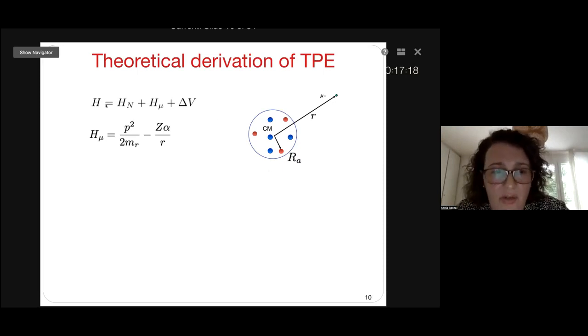The Hamiltonian of your system will be made of a part that is the nuclear Hamiltonian, which describes your ground and excited states. Then you have the muon Hamiltonian, which is the usual one, kinetic energy plus Coulomb force, the Coulomb force felt by the muon as if the nucleus were a point-like object.